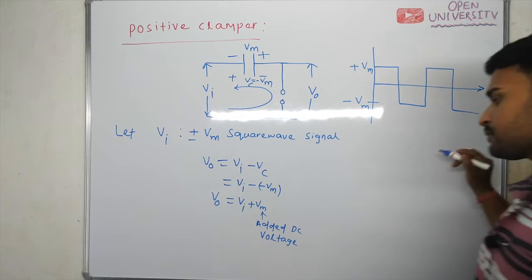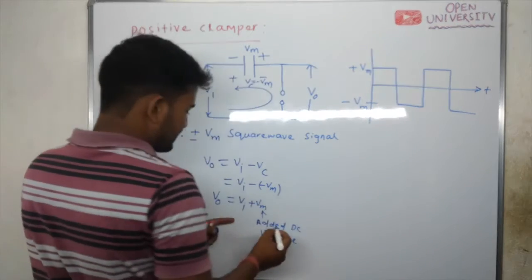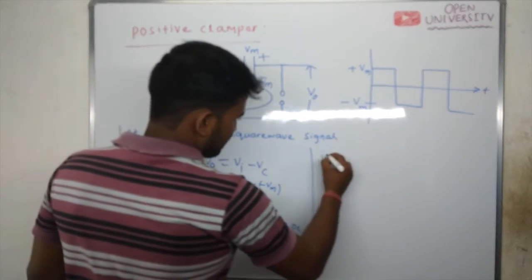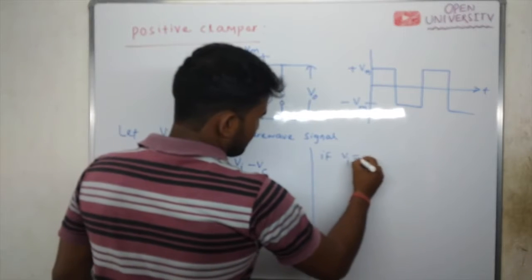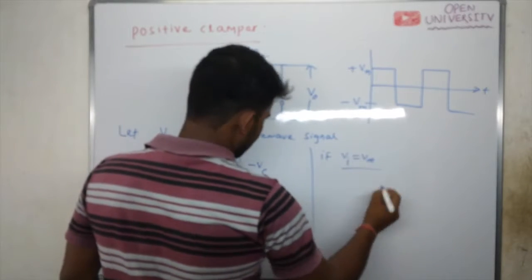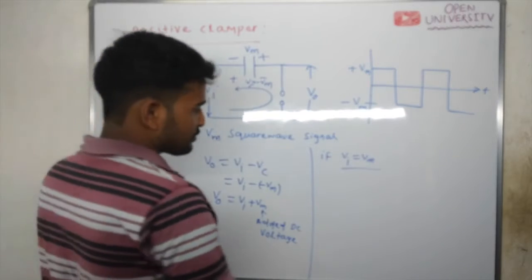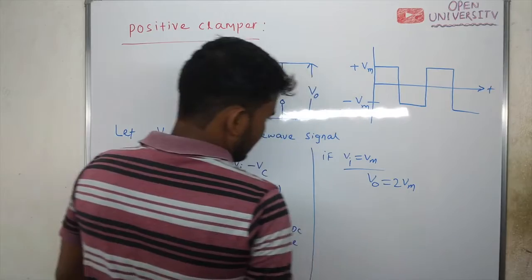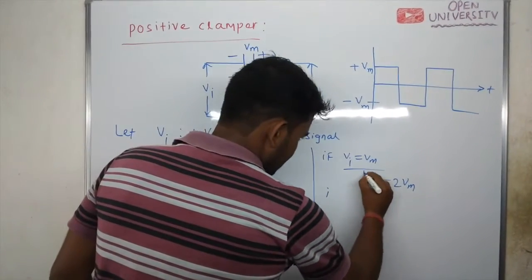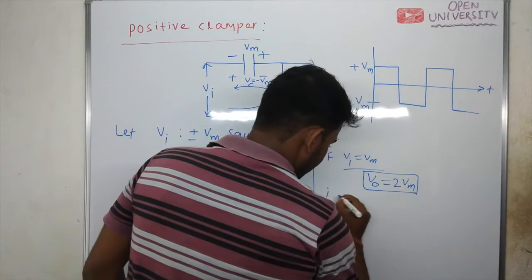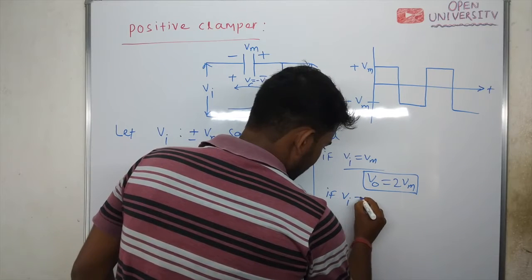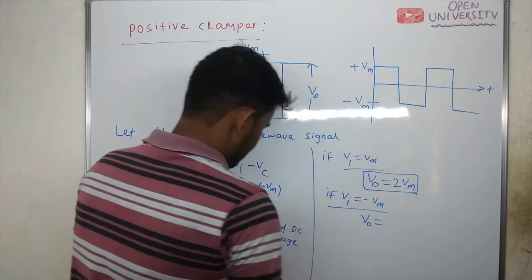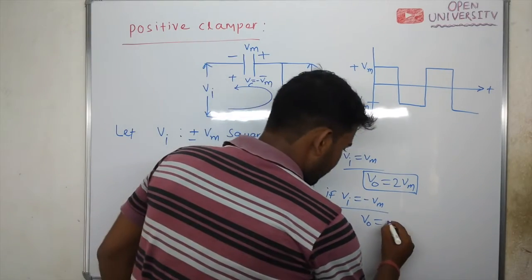Now if your input voltage Vi becomes plus Vm, then the output voltage will be Vm plus Vm, that is 2 Vm. And if the input voltage Vi equals minus Vm, then the output voltage will be minus Vm plus Vm, which is 0 volt.